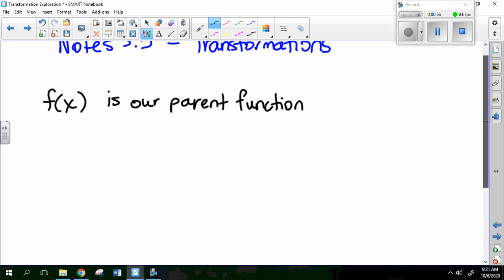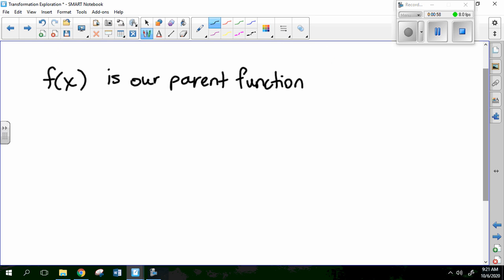All right? And I want you to tell me what happened when we kept our parent function the same, and then we added a number, and I'm just going to call it k. K is just a number that I'm saying, let's add that number.